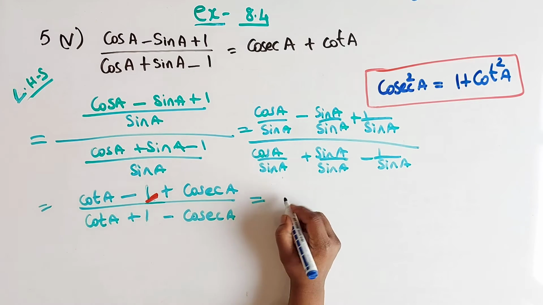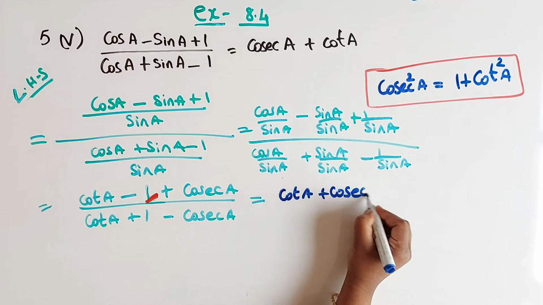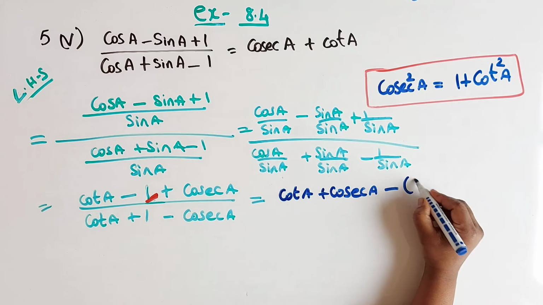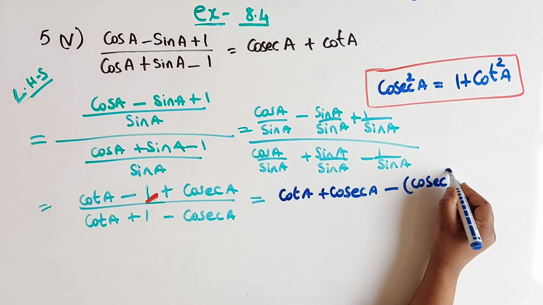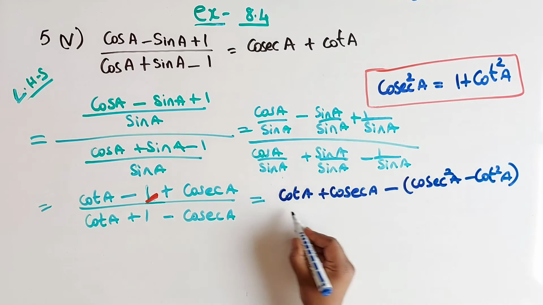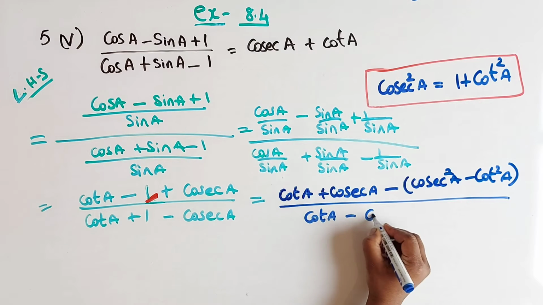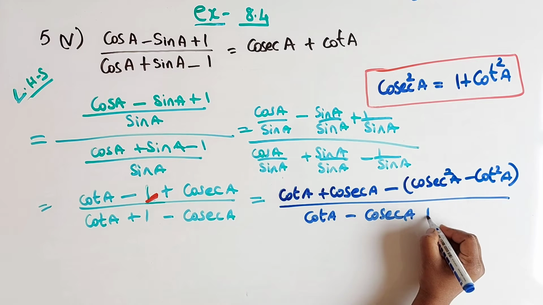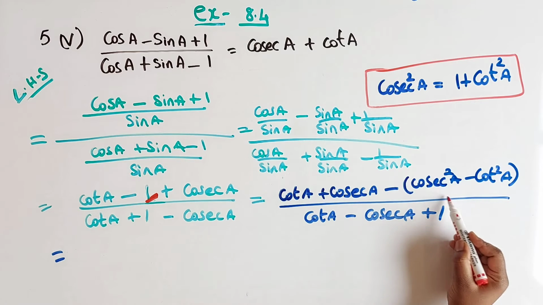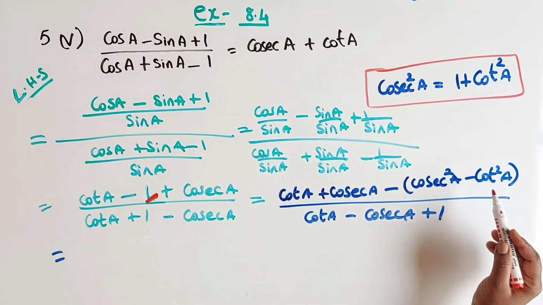Let's write the numerator here. Cot A plus cosecant A minus, in one place I am writing cosecant square A minus cot square A. Right children? And denominator same thing, cot A minus cosecant A plus 1, right? Now see here, this is in the form of A square minus B square, so that we can write it as A plus B into A minus B, right children?